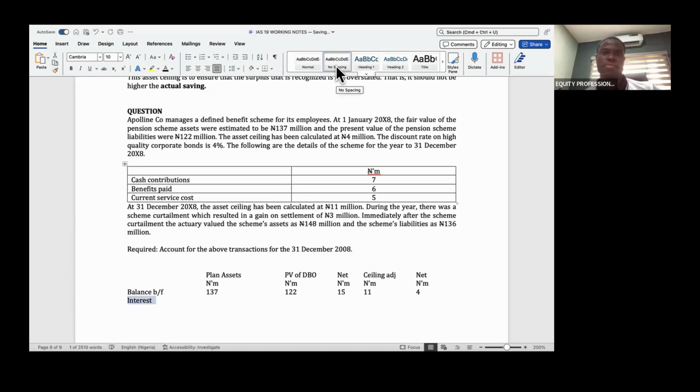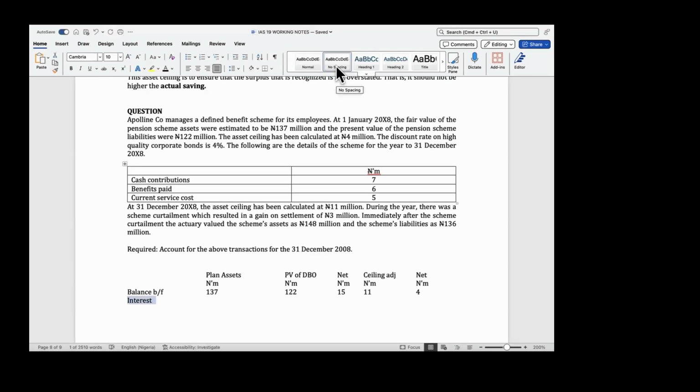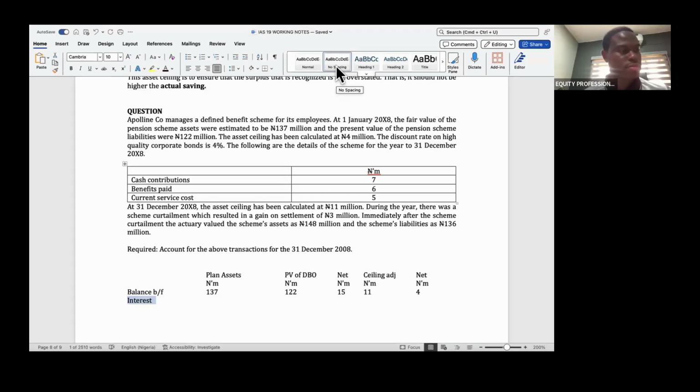Okay, Omomi. Yes, sir. Kindly re-explain this ceiling adjustment. I didn't get that. All right. So, not so different from what we have been doing so far, other than the fact that the actual savings here is 4 million. Ordinarily, I would not even have done the net for opening, but for the fact that the examiner told me that the opening asset ceiling is 4 million.